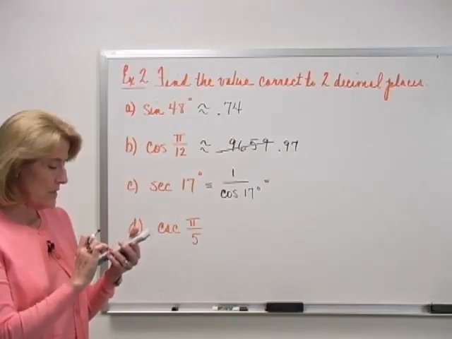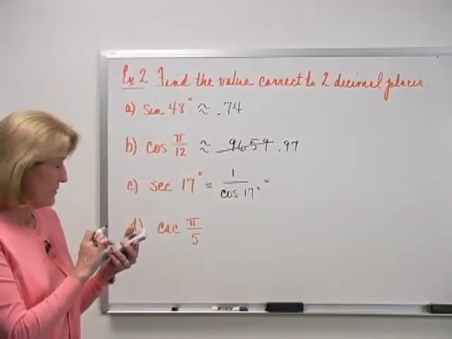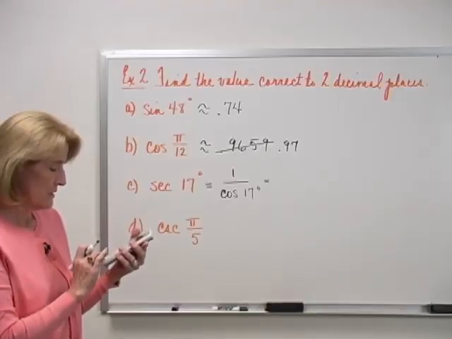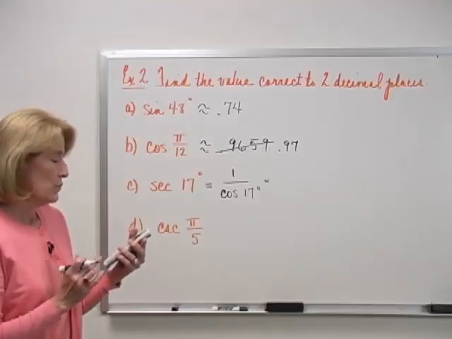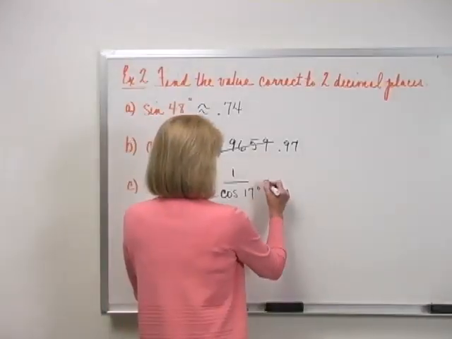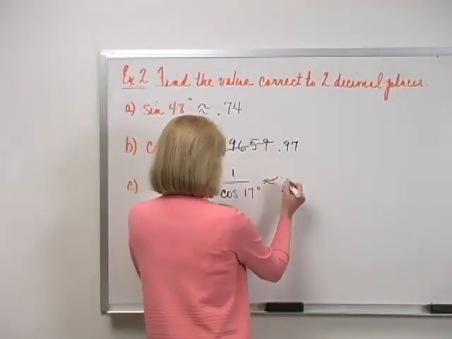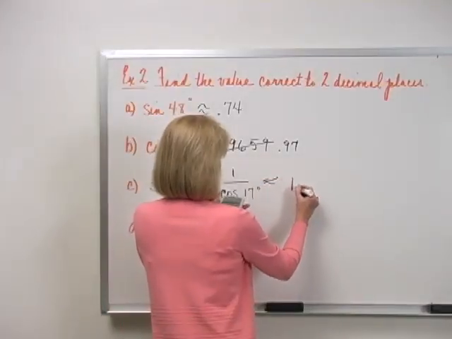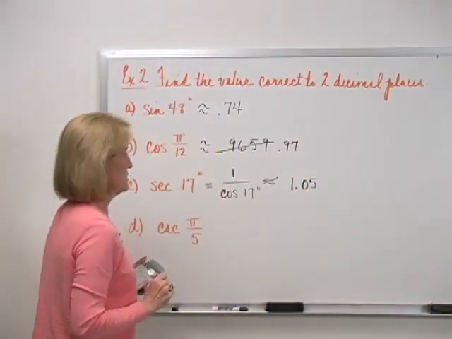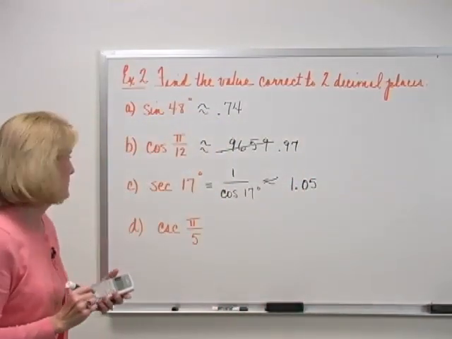So it's 1 divided by the cosine of 17, I'm in degrees, enter, and I get 1.045 and so on. This is going to have to be approximate because I'm rounding, and I have 45, so I'm going to round to 1.05.